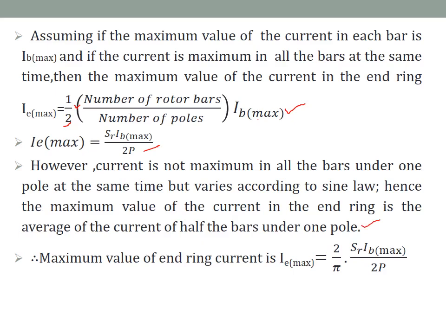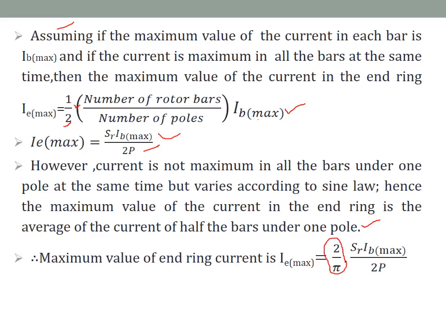So we have to recalculate the end ring maximum value by multiplying this equation with 2 by pi.